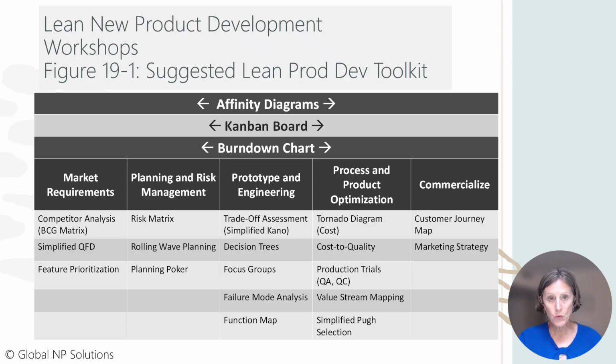Figure 19-1 shown here summarizes a suggested lean new product development toolkit corresponding to each recommended workshop. Tools and techniques shown at the top of the figure are continuously applied throughout the new product development project lifecycle. Workshops are best facilitated by a neutral third party, yet this role can be filled by the program manager.